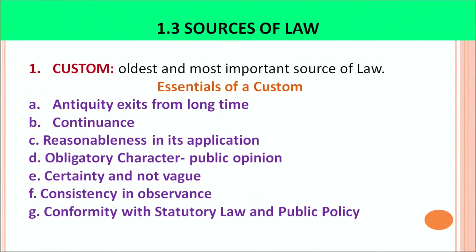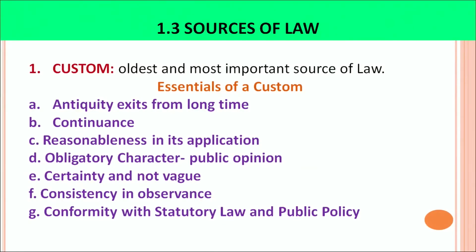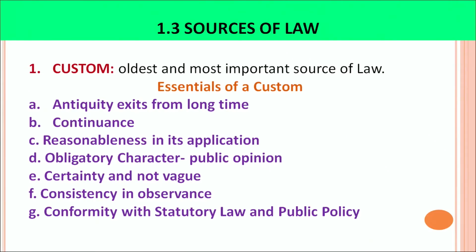The fifth point is regarding certainty, that is, the custom should be certain and should not be vague. The sixth point is consistency in observance, that is, there should not be breaks in between. It should be consistently followed. And the last essential of a custom is that it should conform with the statutory law and public policy.